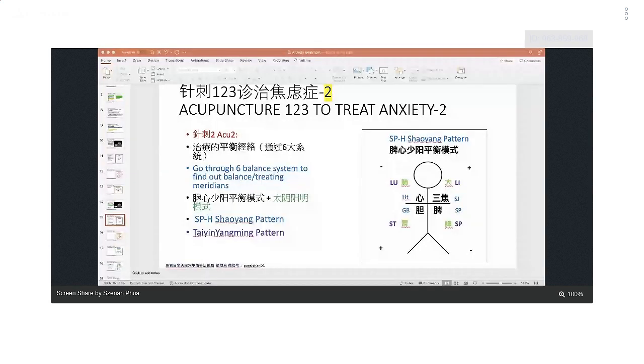Oh, I forgot to show you that again. Do you follow? I'll show you the chart again. I forgot to show you, sorry. So you see the right hand, the yin meridian. We only needle the yin meridian in here, in the hand. On the left hand, yang meridian, hand yang meridian, large intestine and Sanjiao.